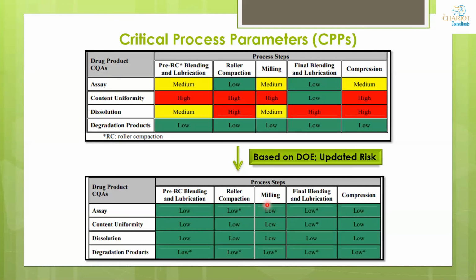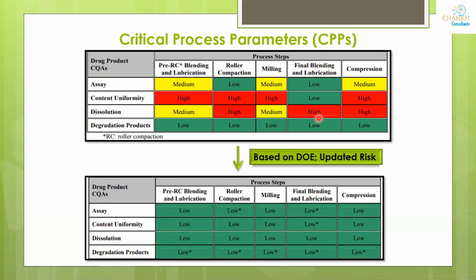So you will reduce the risk. Then your final blending, your lubrication process: how much lubrication you need, whether you need 3-minute lubrication or 5-minute lubrication, which lubrication time is optimum to get your desired dissolution.